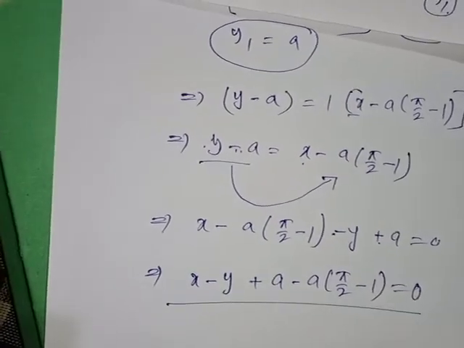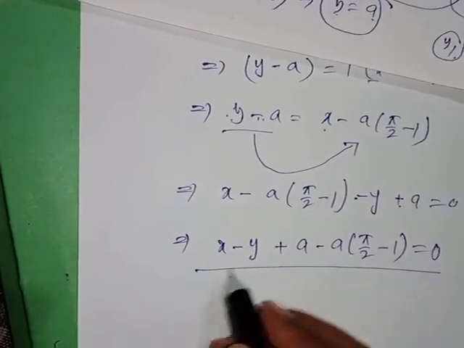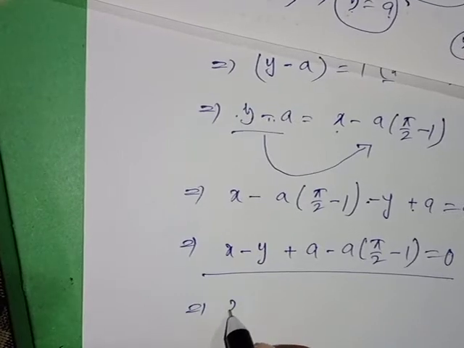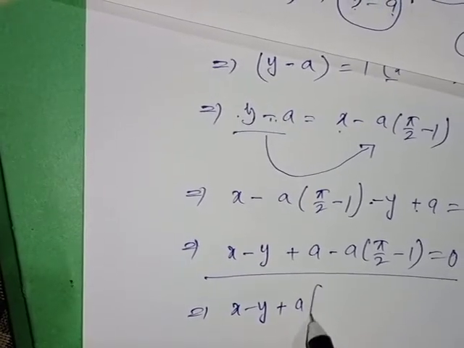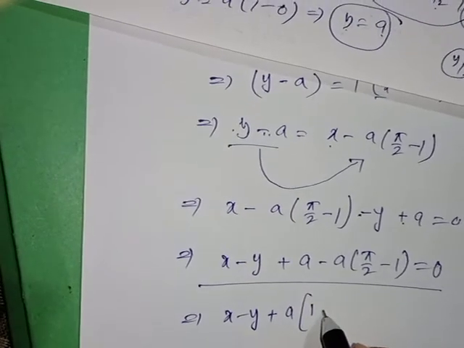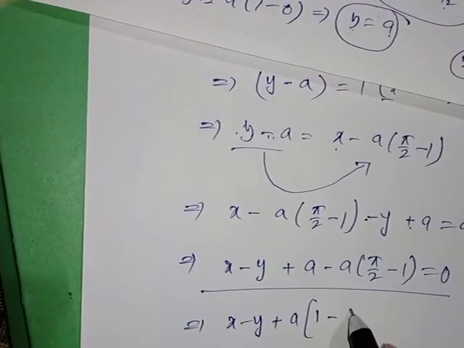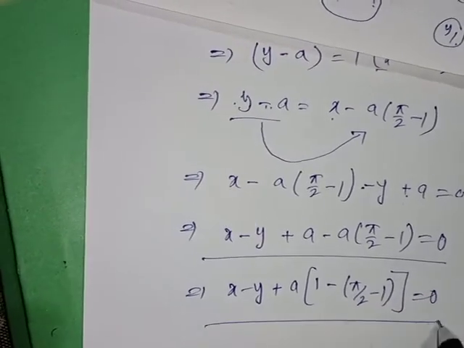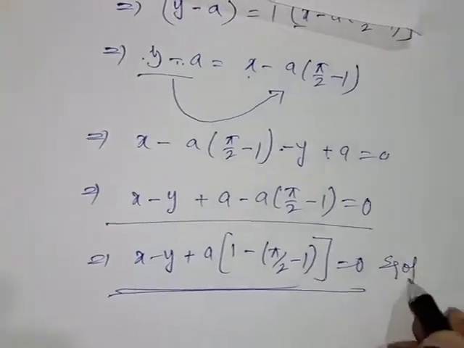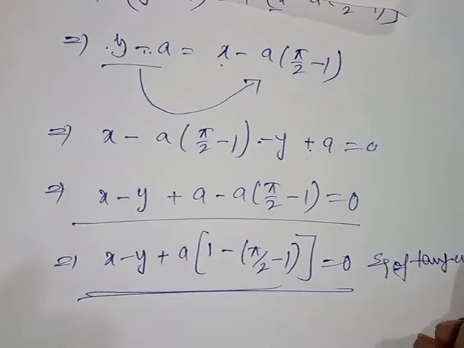This is the equation of the tangent. Or we may write x minus y plus a, which is constant, into 1 minus of pi by 2 minus 1, which is equal to 0. This is the equation of tangent.